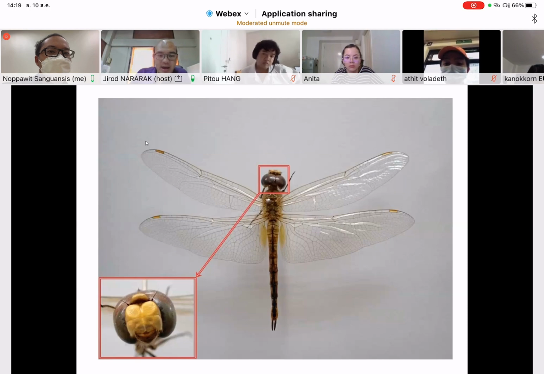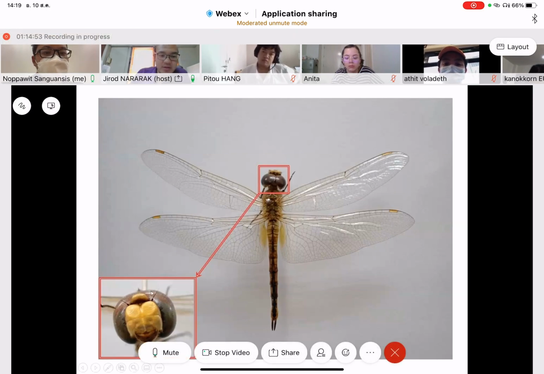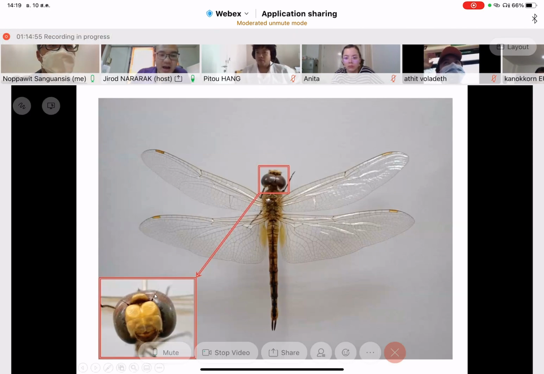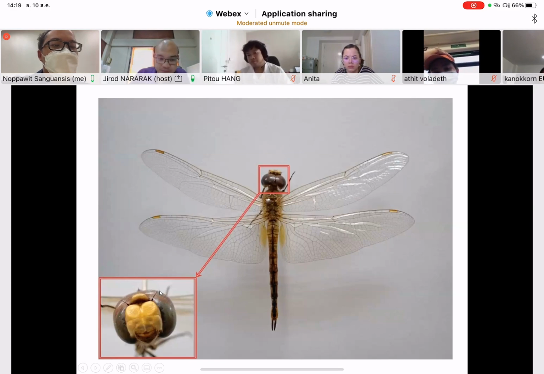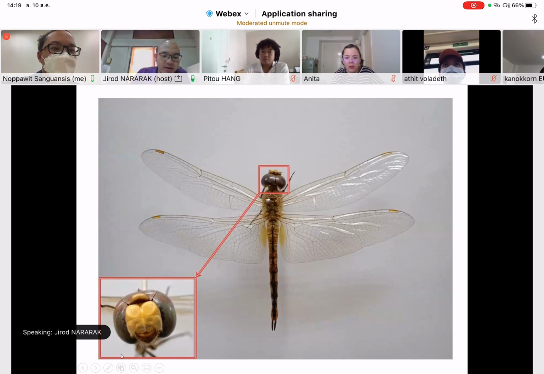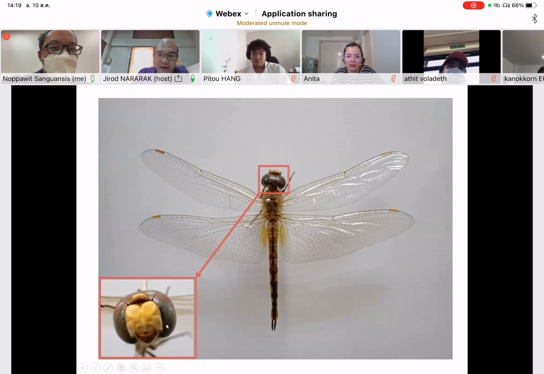You can see here their antenna is the setaceous type. One more thing you have to know: if they have the characteristic of a predator, mostly they have really big eyes because they have to find prey well. Odonata is also a predator.